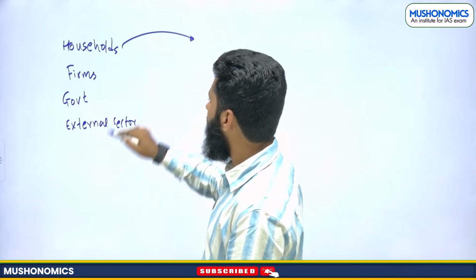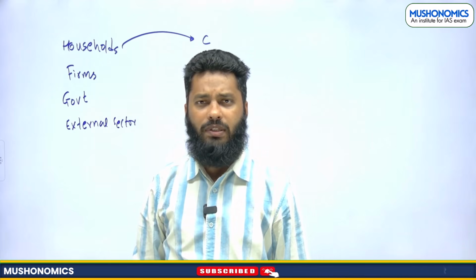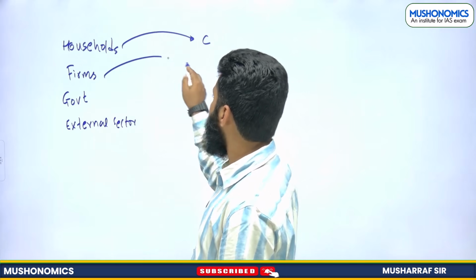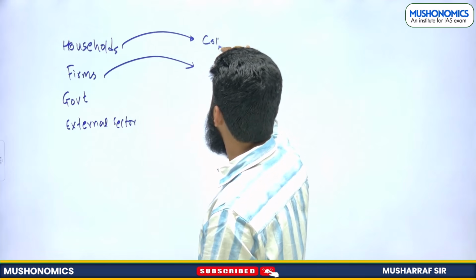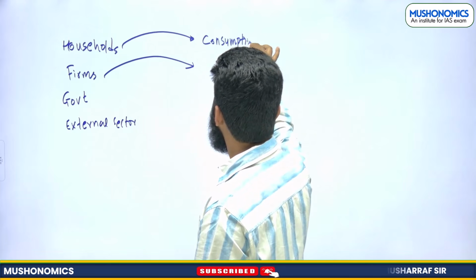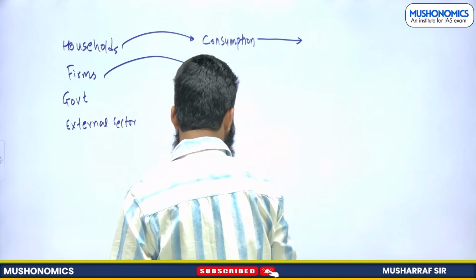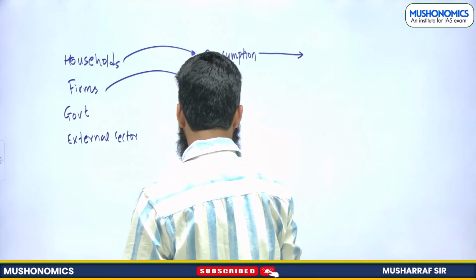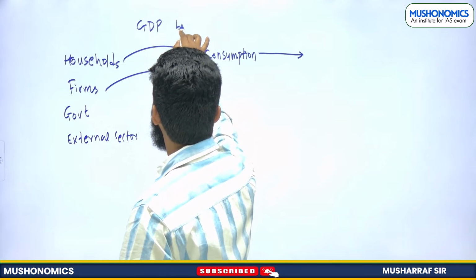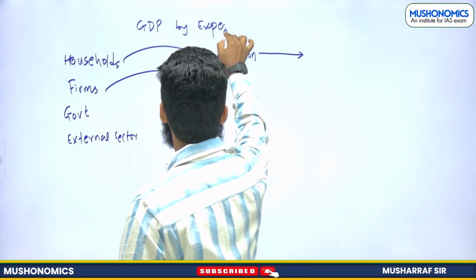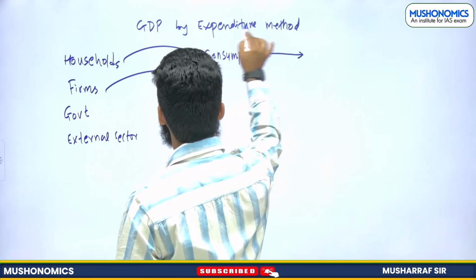One is households' expenditure, also known as consumption expenditure. Then firms are also making expenditure. When households make expenditure, they are making expenditure on consumption. So here we are calculating GDP by the expenditure method.